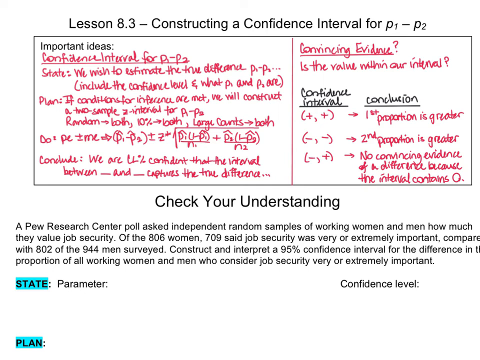When we have a minus and a minus, that's evidence that the second proportion is greater. 0, again, is not within the interval. And that means, again, we do have convincing evidence of a difference, but this time the second proportion is greater. When our interval goes from a negative number to a positive number, as it did in the example that we just finished, we have no convincing evidence of a difference because the interval contains 0.